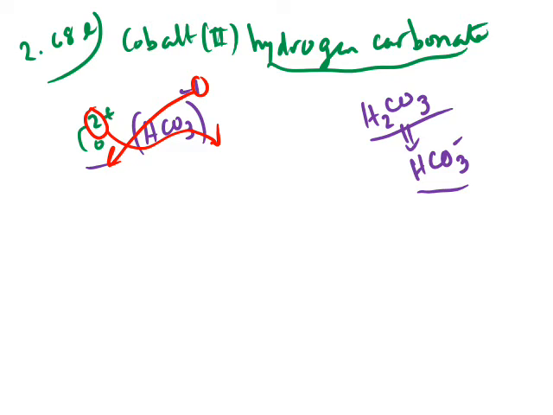And our formula is now Co1, that's cobalt, and HCO3, I have more than 1, that's why I need parentheses, (HCO3)2. Make sure you double check this so that we haven't made any mistake. So this is the formula of cobalt(II) hydrogen carbonate.